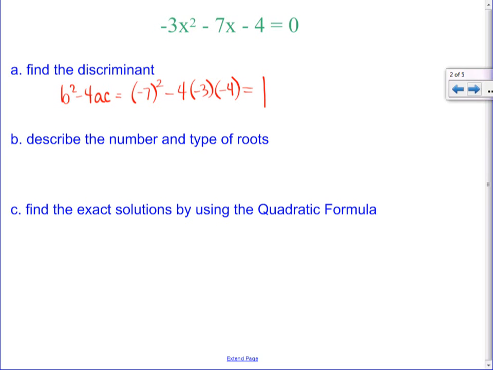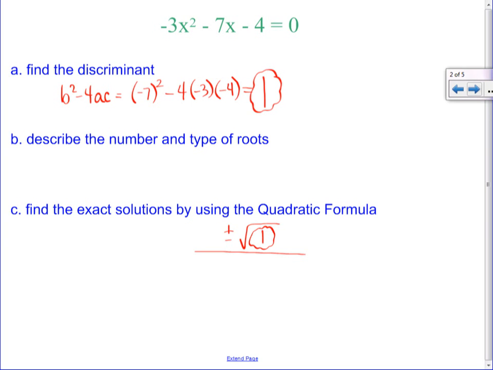Okay, so let's think about that. Plus or minus the square root of whatever we get here goes here. Would you agree? In the quadratic formula, b squared minus 4ac is what's underneath the root. So our 1 is going to go there.